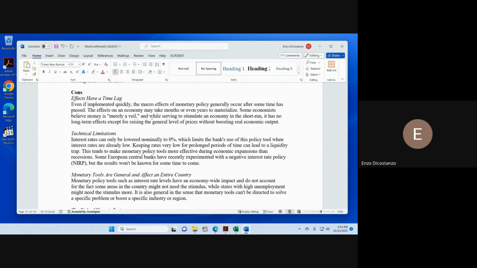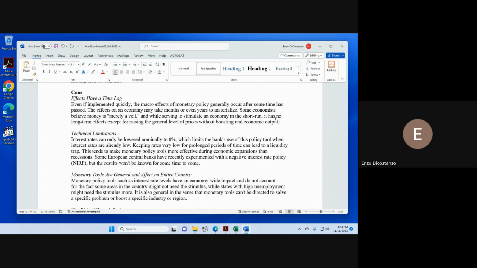The policy you can make, but the effect on the economy can take some time, even years, for the intended effect to materialize, if it's not counteracted by some other forces.